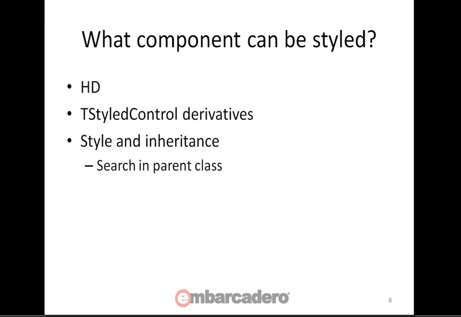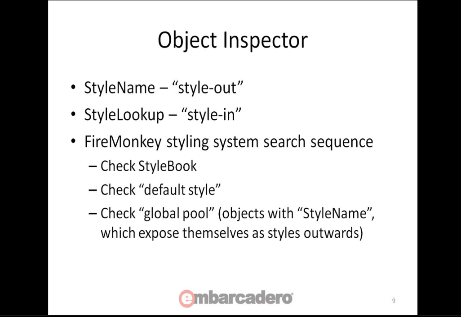And of course our new component looks like a common button and works fine. So we can say to developers, don't worry, just create your own components and your components will get the proper style. Any new components in FireMonkey get two additional properties, StyleName and StyleLookup.